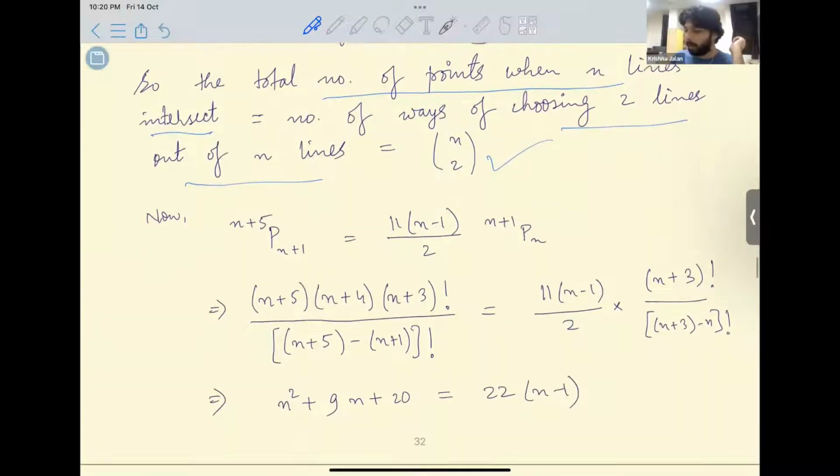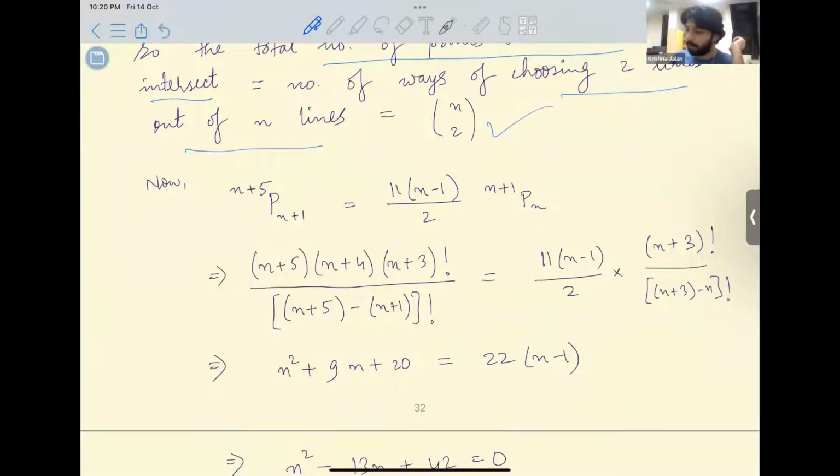So now the given n also satisfies this relation. This I can just solve for. So I hope you know what is the meaning of A, P, B. The number of permutations of B objects, A objects taking B at a time. So this is just A factorial divided by A minus B factorial.